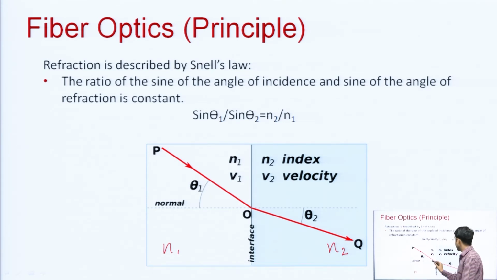So, here light is bending towards the normal, entering from a rarer medium to a denser medium, and this is Snell's law. The ratio of the sine of angle of incidence and sine of angle of refraction is constant. Sin theta 1 divided by sin theta 2 is equal to N2 divided by N1. So, the sine of this angle divided by the sine of this angle is equal to this refractive index divided by this refractive index. This is called Snell's law.